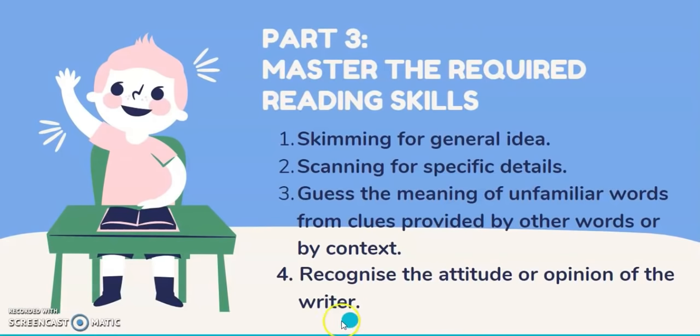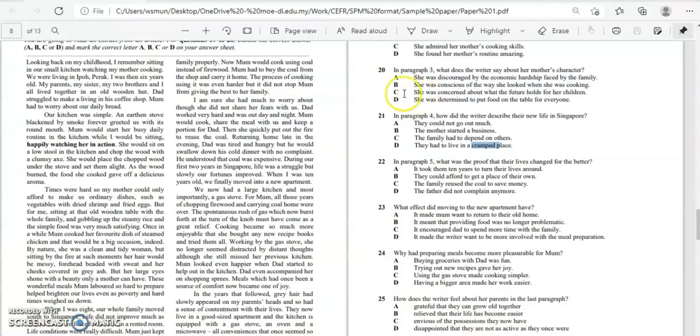Actually, most questions require us to use all these 4 skills in order to reach the correct answer. Let's look at question 20. I will give you 1 minute to answer this question.